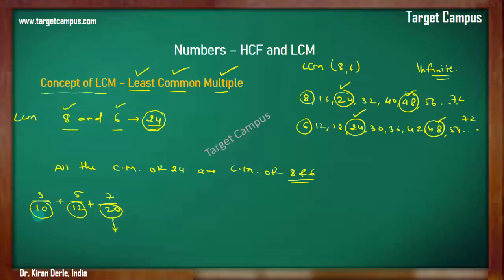So 20 is multiple of this but not of this. Next multiple is 40, again multiple of this but not this. Next multiple is 60, multiple of this, multiple of this, multiple of this. We are seeing multiples of 20 only, so it has to be multiple. So 60 is LCM of all the three. I hope you are getting this point, right?